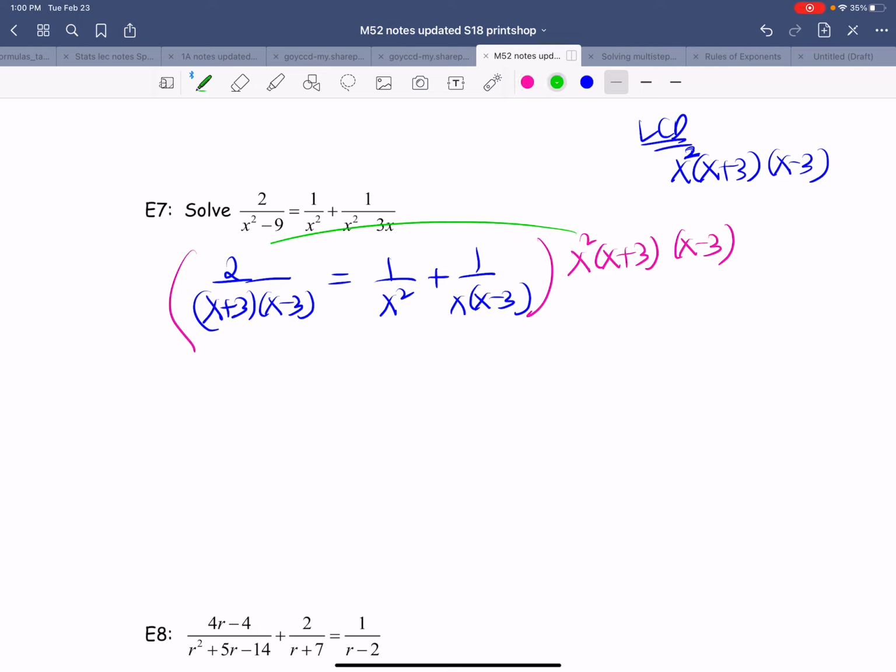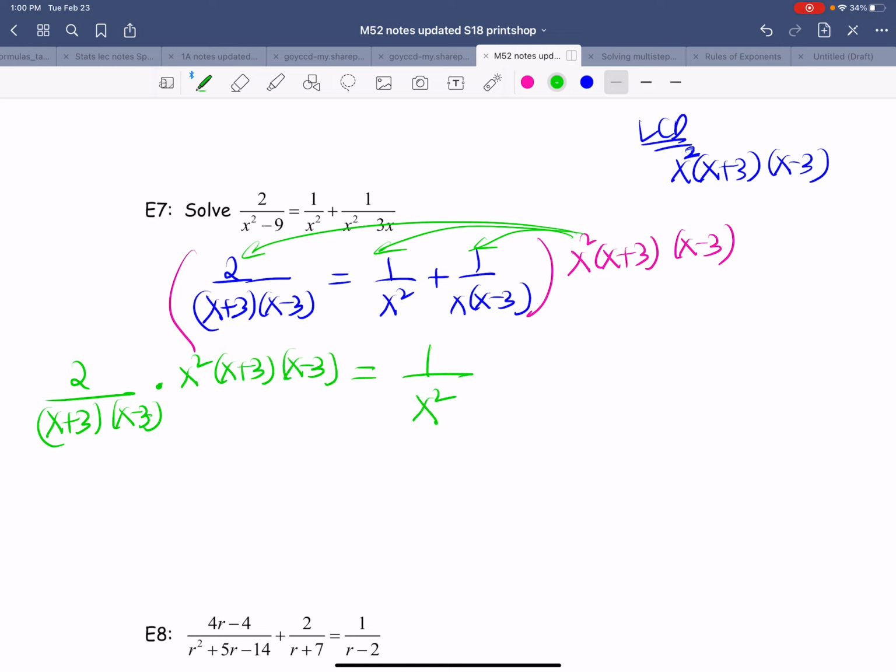Now we're going to distribute, multiply every single fraction inside by that LCD and simplify. 2 over x plus 3 x minus 3 times x squared times x plus 3 x minus 3 equals 1 over x squared times x plus 3 x minus 3 plus 1 over x times x minus 3 times x squared x plus 3 times x minus 3.